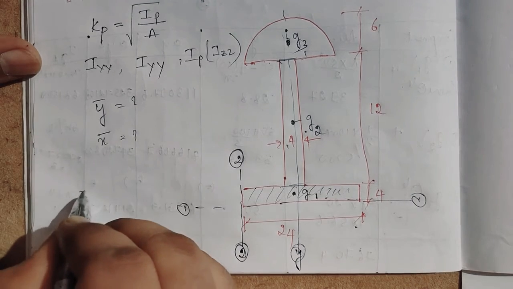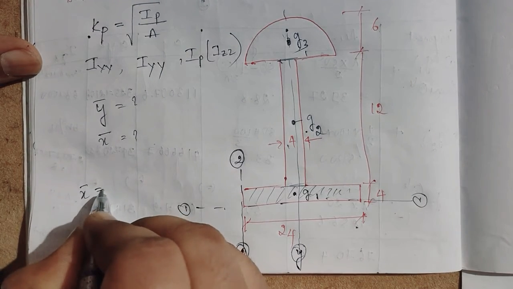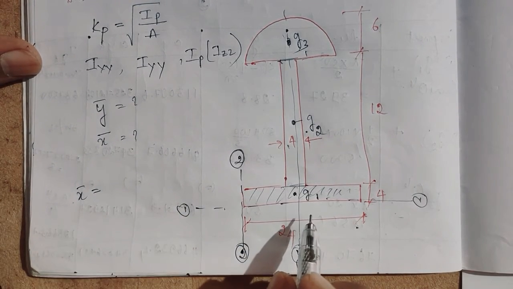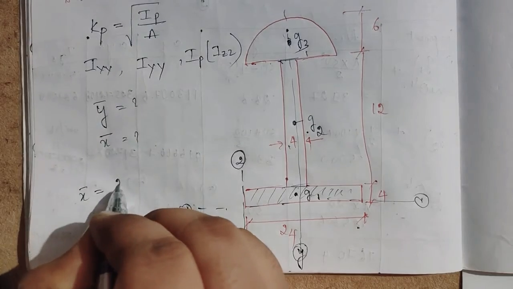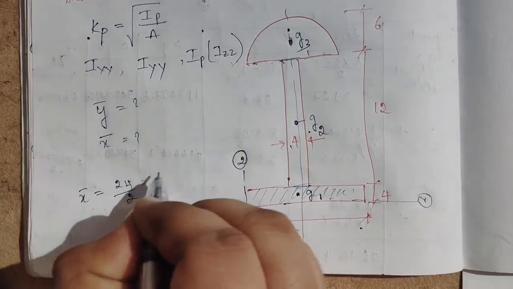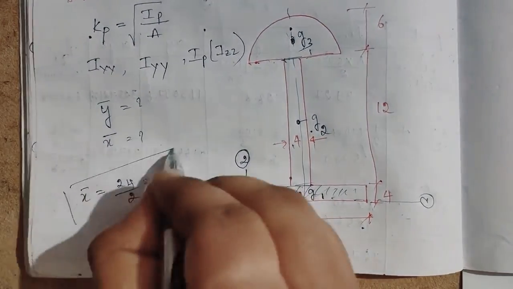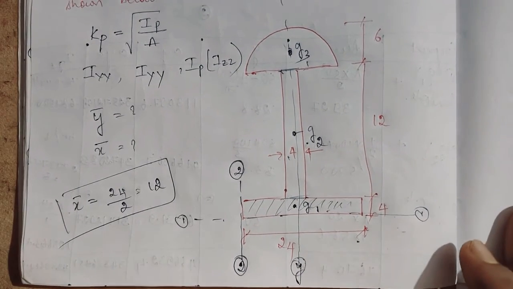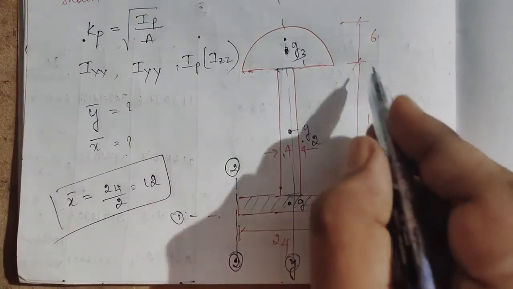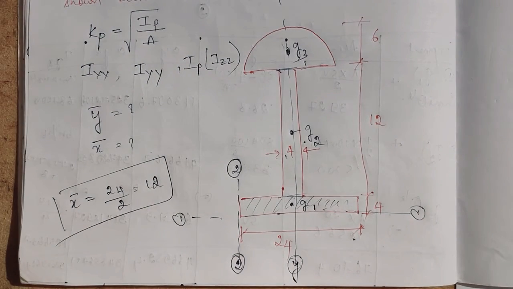So I'll take directly the x bar value as 24 by 2, that is 12. It is the value of x bar. They didn't give the units, so you also don't write them, that's it.